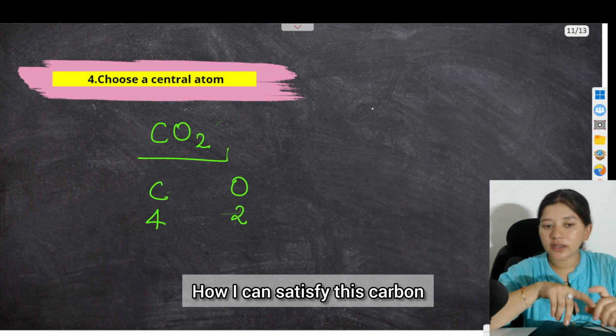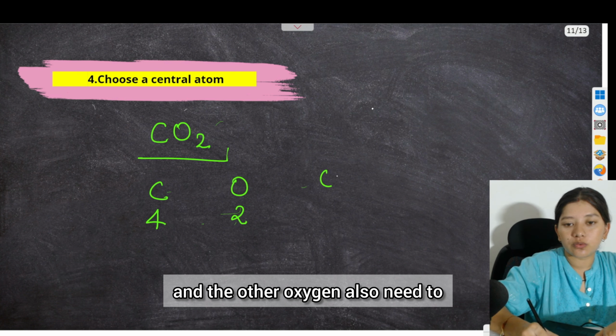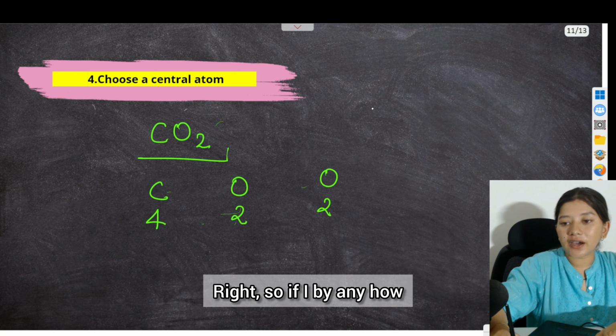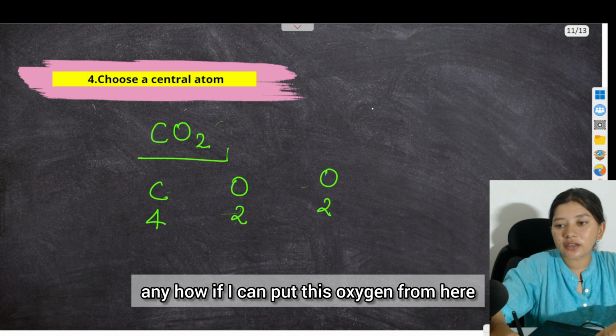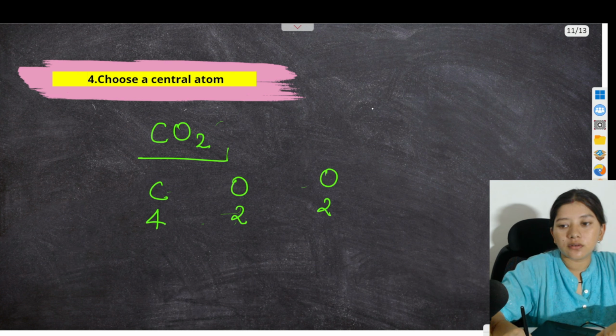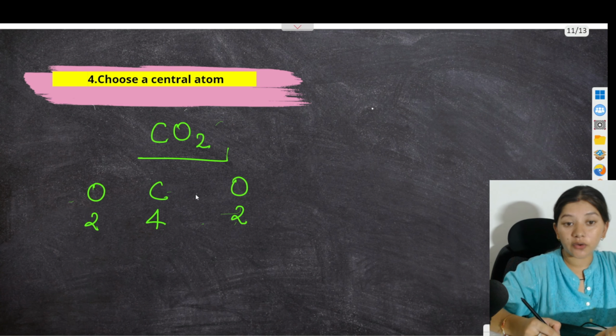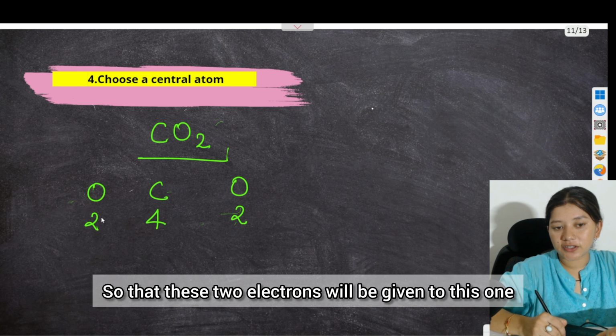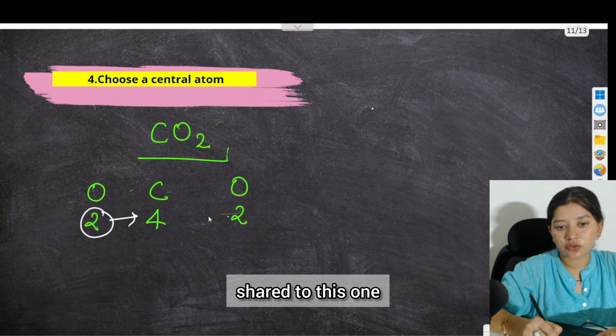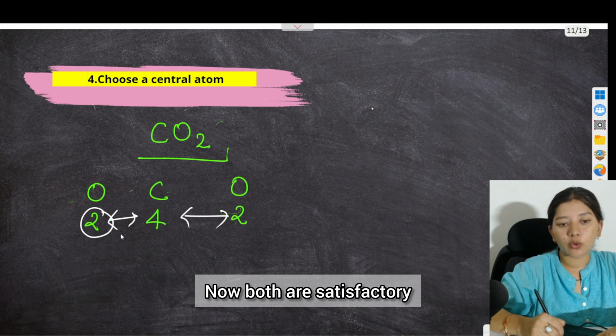How can I satisfy this carbon, and the other oxygen also needs 2, right? So if I put this oxygen from here, like I am putting it here, now isn't it a better idea? So that these two electrons will be shared to this one, and these to this one. Now both are satisfied.